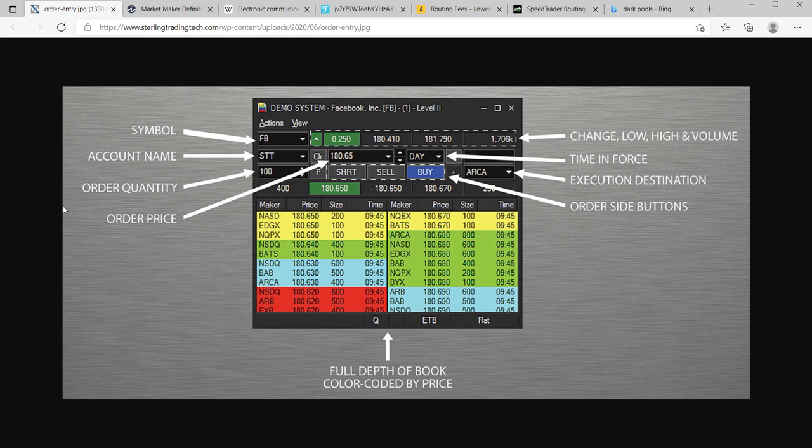Well, a lot can happen in a few seconds with day trading. If you're going to take day trading seriously, you really need to find a broker that offers direct access routing. And I'll explain what that is, and why.